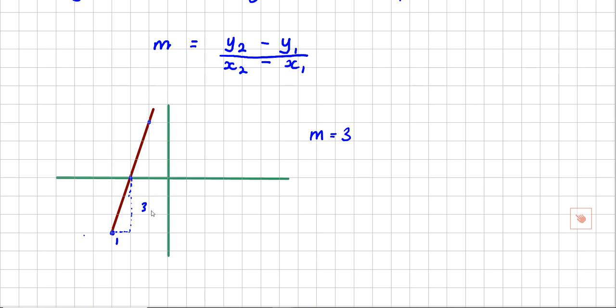Now your line could be anywhere on there, so I could have drawn a line going through the centre, or a line going over here.